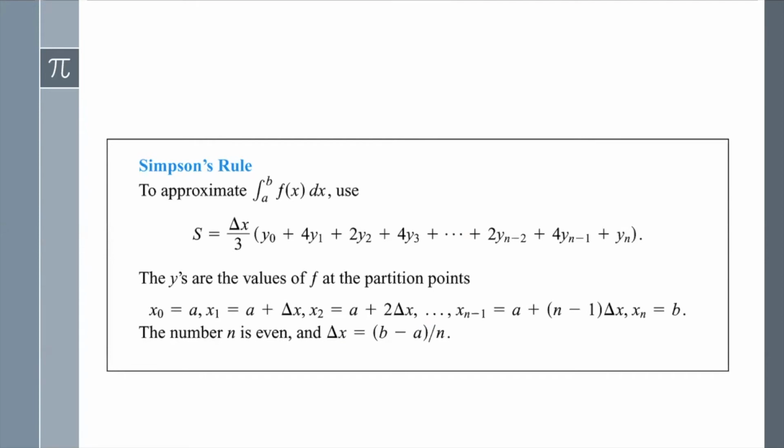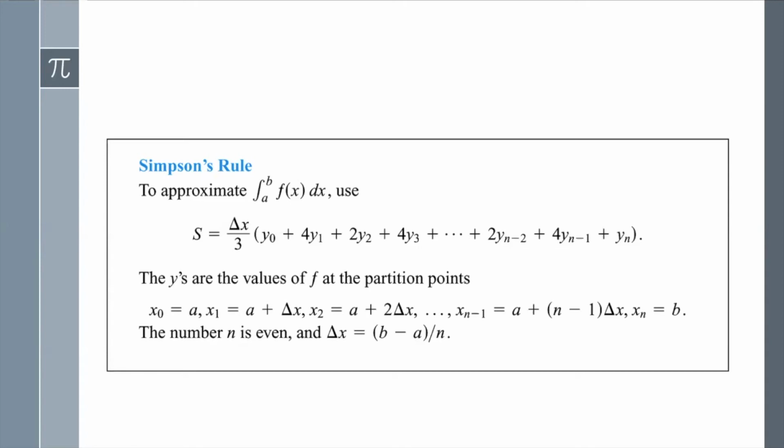So those interior terms from y1 through y sub n minus 1, the coefficients go 4, 2, 4, 2, 4, 2, and so on, and will always end on a 4 as long as n is even. And just like with the trapezoidal rule, y sub 0 and y sub n do not get a coefficient. The coefficient is 1.